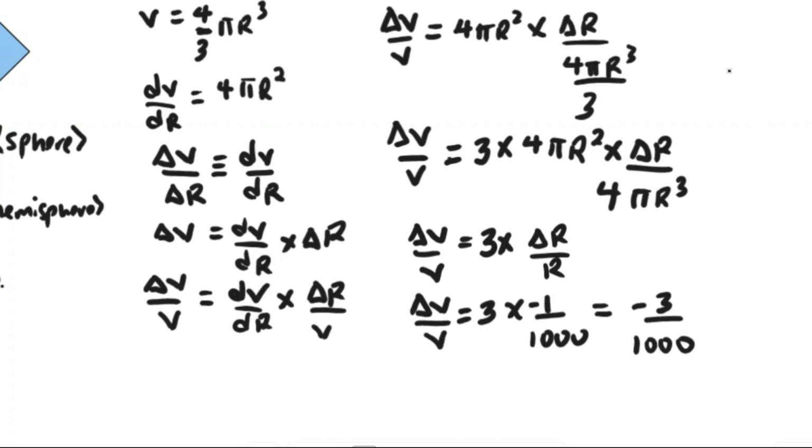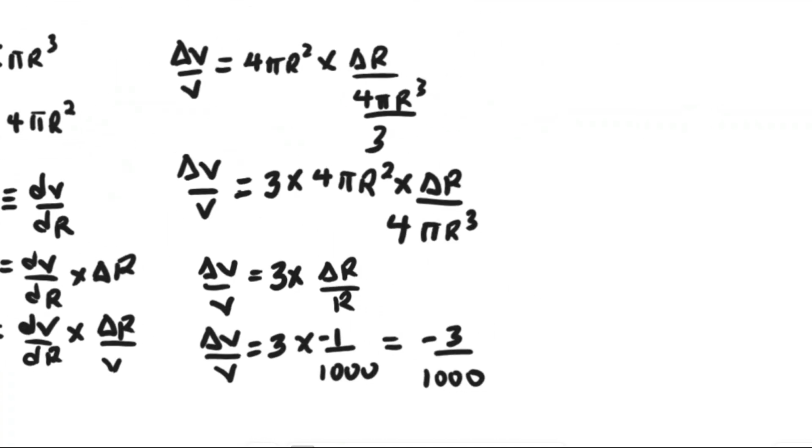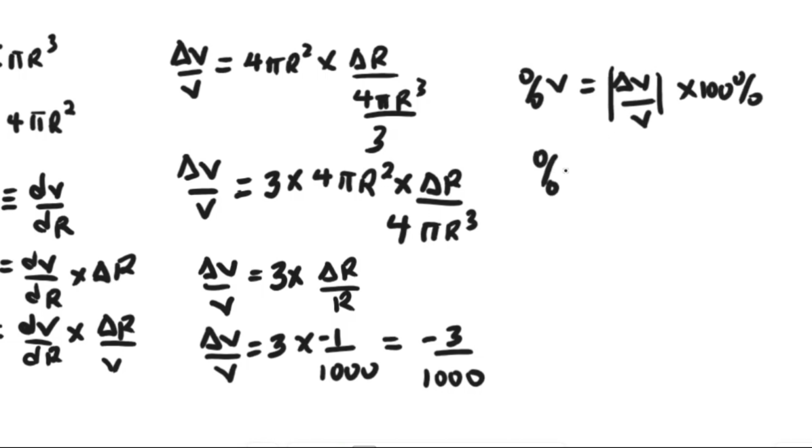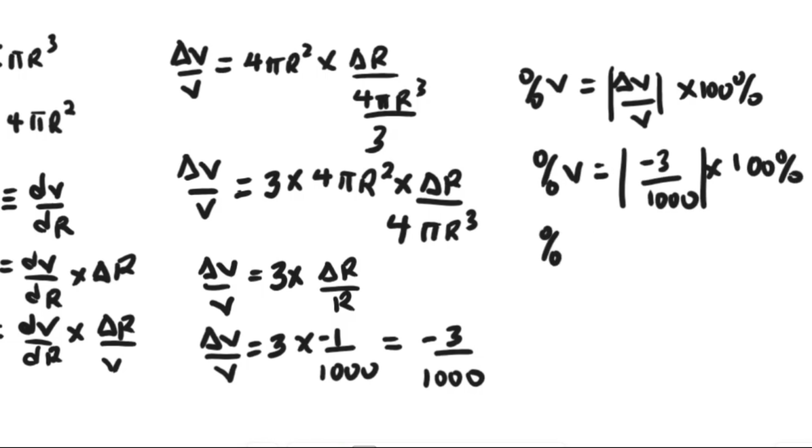If you go back to the question, we are looking for the percentage decrease in the volume. The percentage decrease in the volume will give us the absolute value of delta V over V multiplied by 100%. So our percentage decrease in volume is going to be the absolute value of minus 3 divided by 1000 multiplied by 100%.